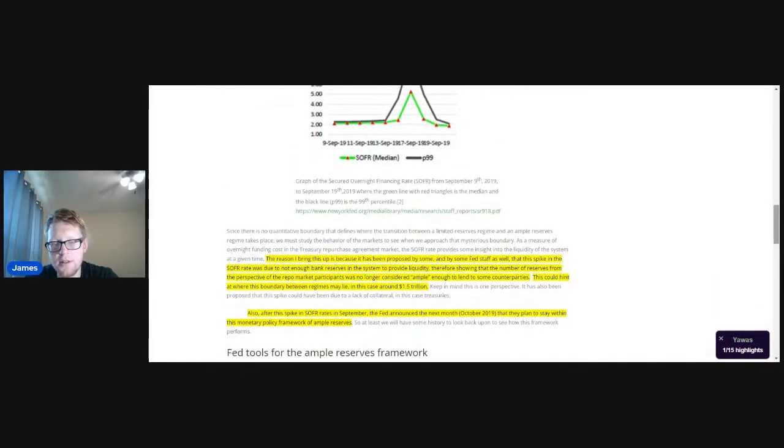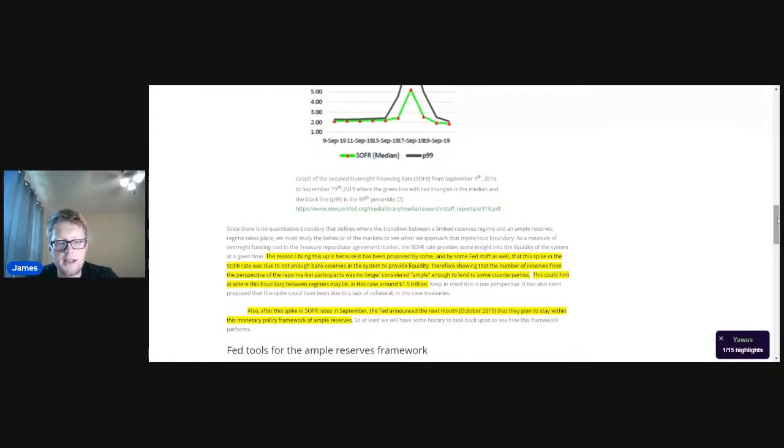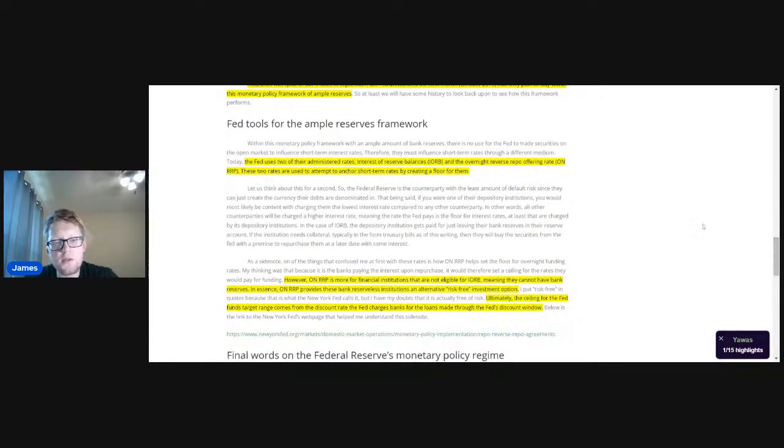So that's something I've been thinking about, right? And also another thing that gives us merit, I think, is that the next month, in October of 2019, the Fed came out and decided that they want to stay within this kind of framework with an ample amount of reserves in the system. Okay, and so another reason is the tools that they can actually use, because the amount of reserves in the system won't affect short-term interest rates.